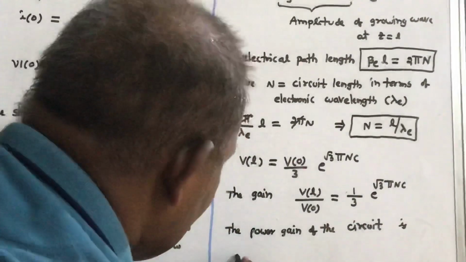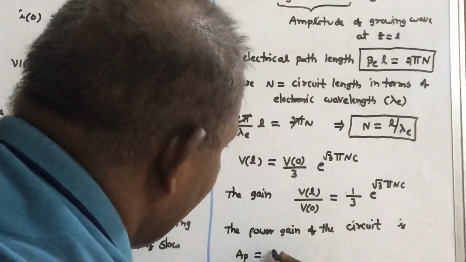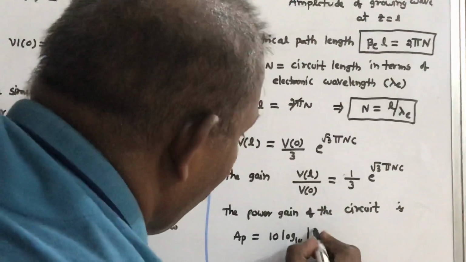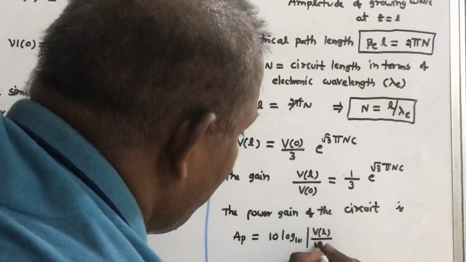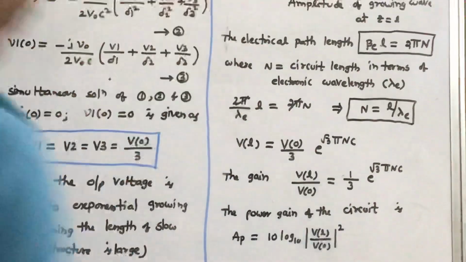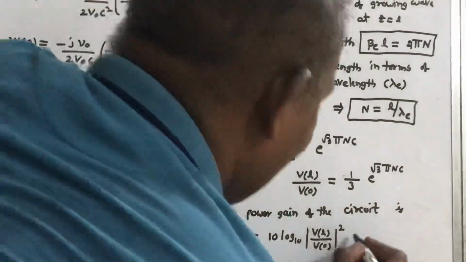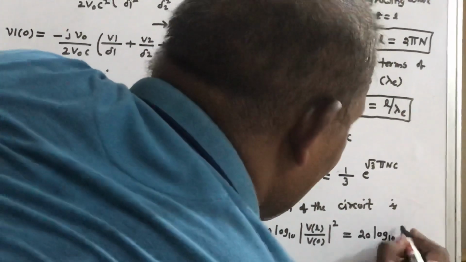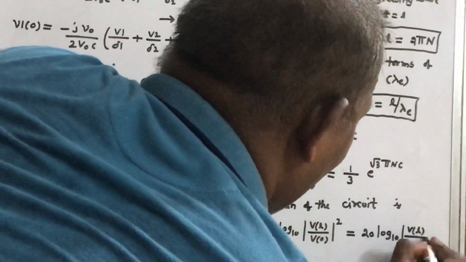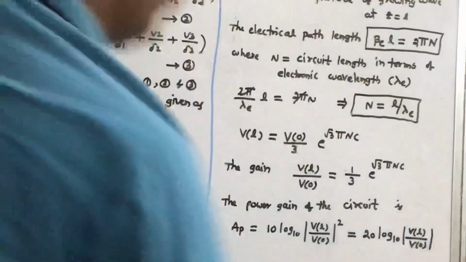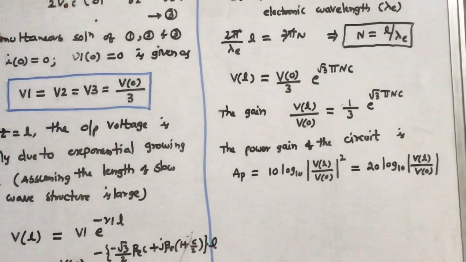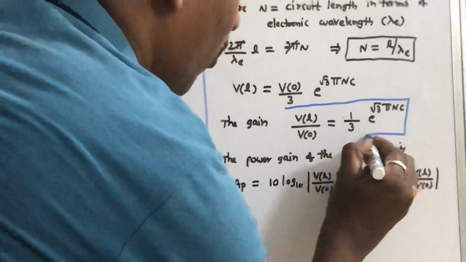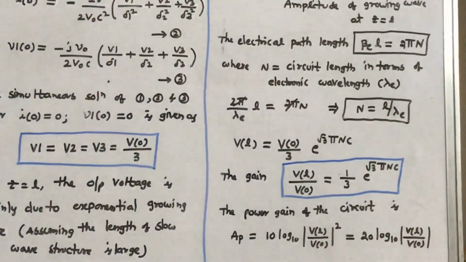It is represented with A suffix P, and that is equal to 10 log to the base 10 of output voltage by input voltage whole square. You can write it as 20 log to the base 10 of V of L by V of 0, the output voltage to input voltage ratio.